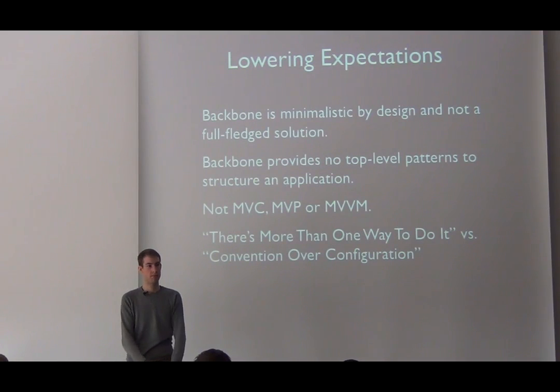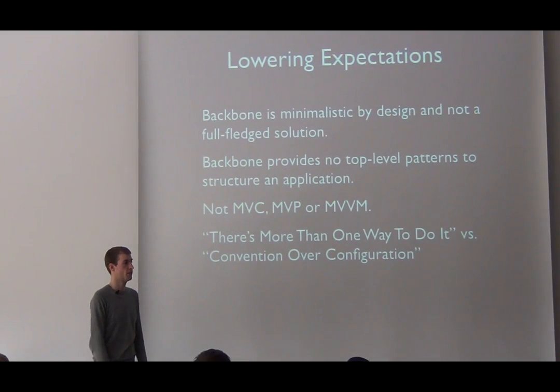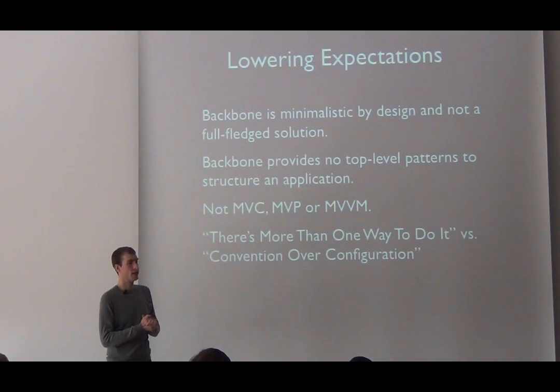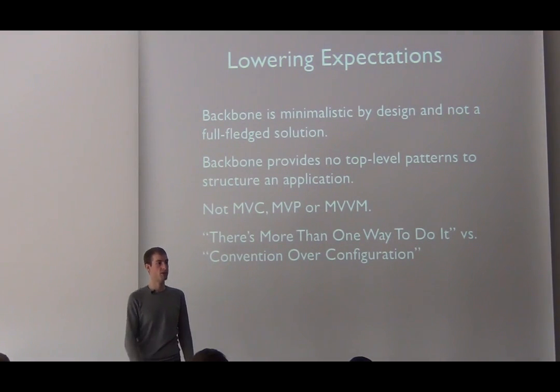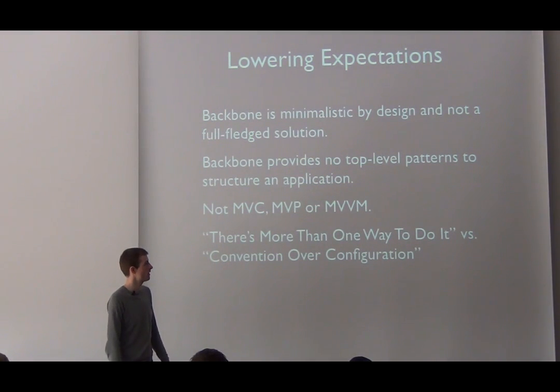The makers of Backbone don't want it to be a full-fledged framework. They do not want it to have automatic model view binding and so on. The philosophy of Backbone is there's more than one way to do it, like the Perl motto, I think.